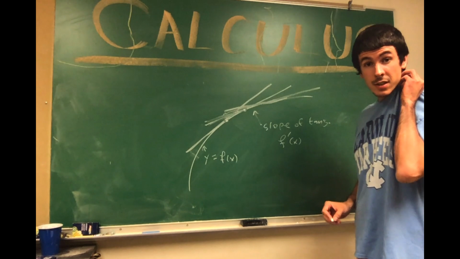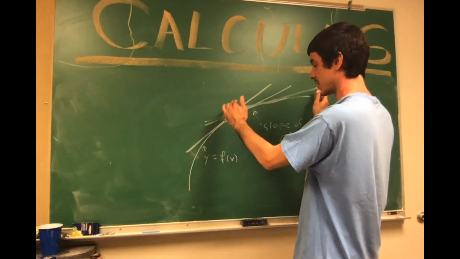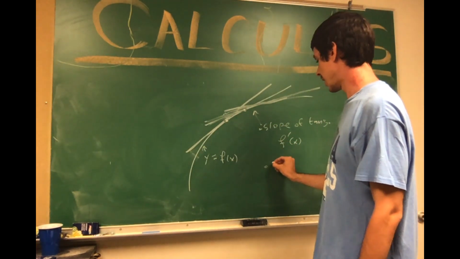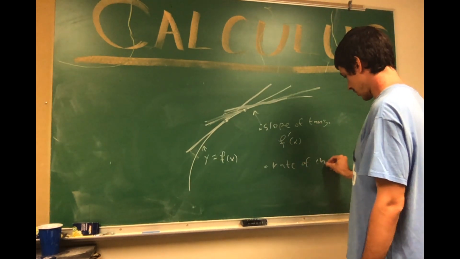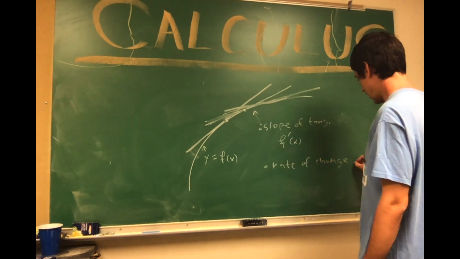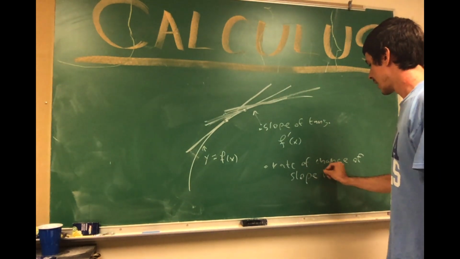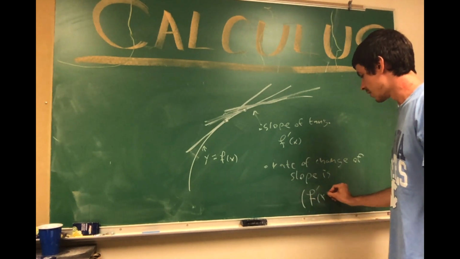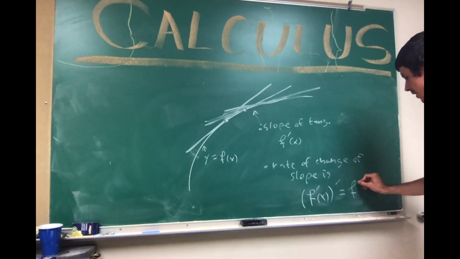And the rate of change of the tangent line as we move along, the rate of change of the slope, is the derivative of the derivative, which is usually written with 2 primes like that, f double prime of x.